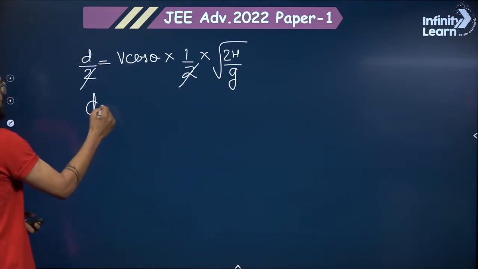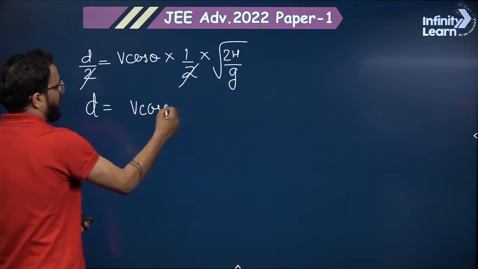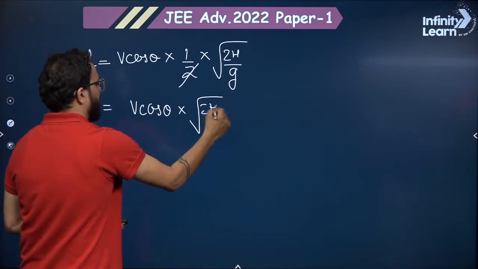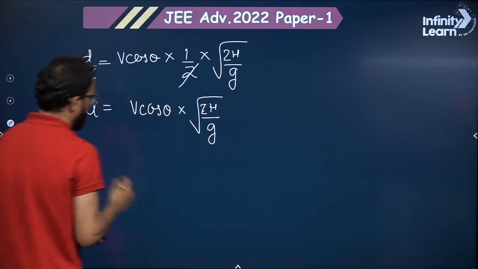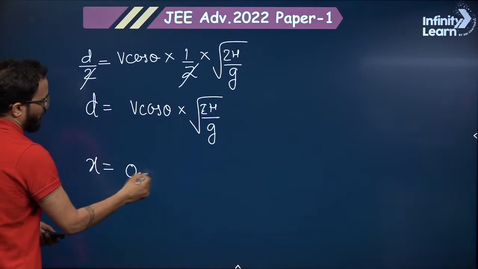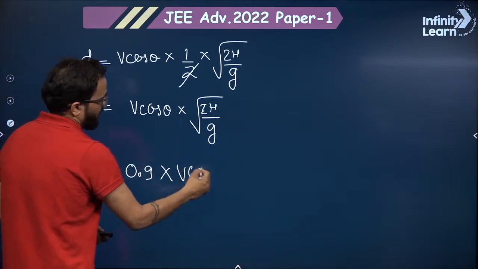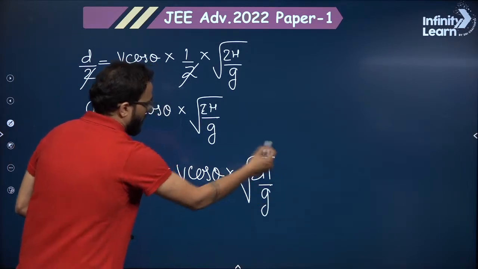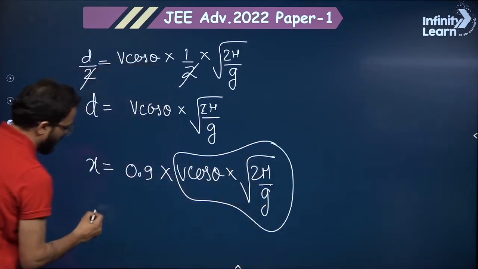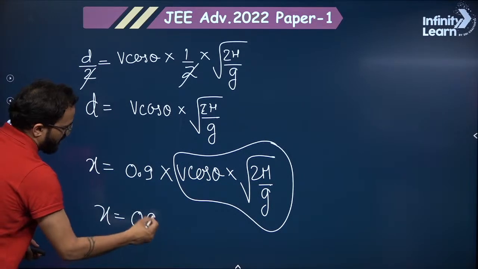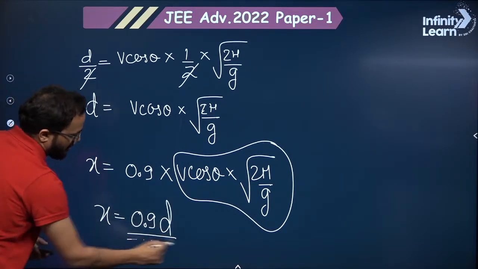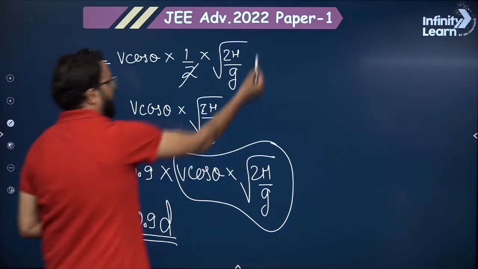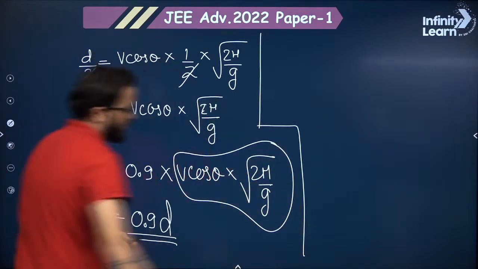So what is d? D is v cos theta into root over 2h by g. And what is x? 0.9 times v cos theta into root over 2h by g. What is this? This is d. So x is 0.9 d. Do you understand this? X is 0.9 d.